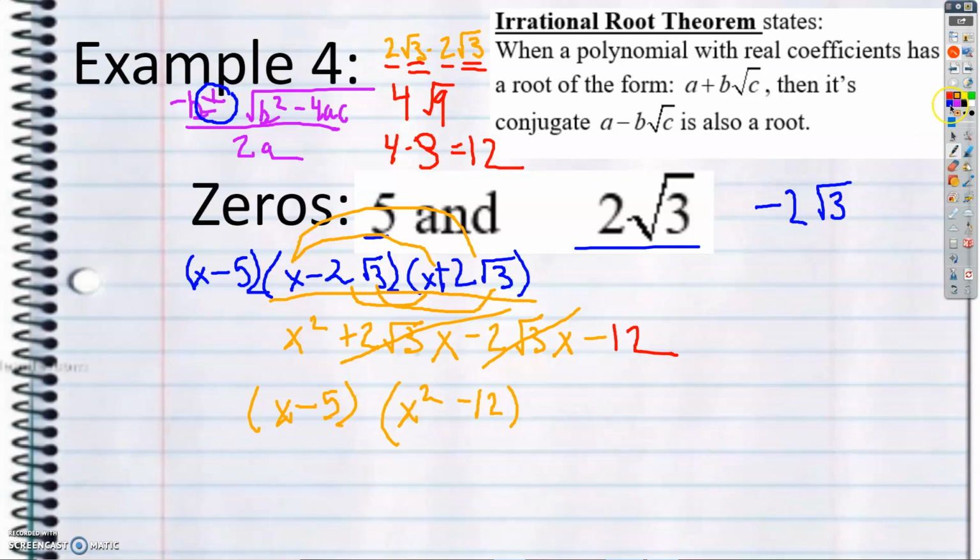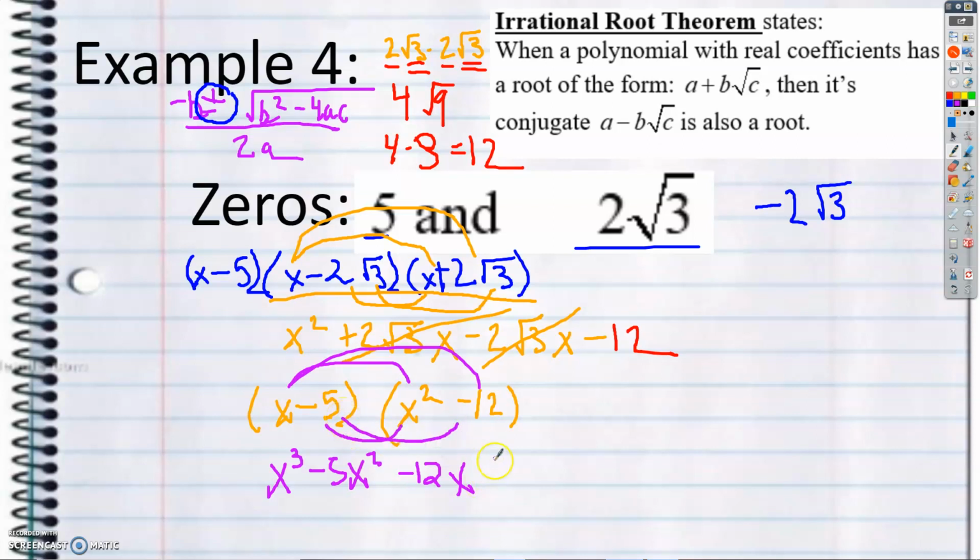Okay. Now I'm going to multiply again. So I have x times x, x to the third. x times negative 12, negative 12x. Negative 5 times x squared, negative 5x squared.